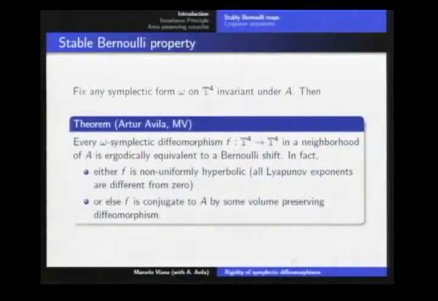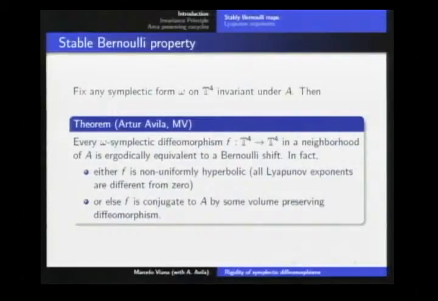What we prove with Arthur is that such maps are more than just stably ergodic. They are stably Bernoulli, which is a much stronger property.